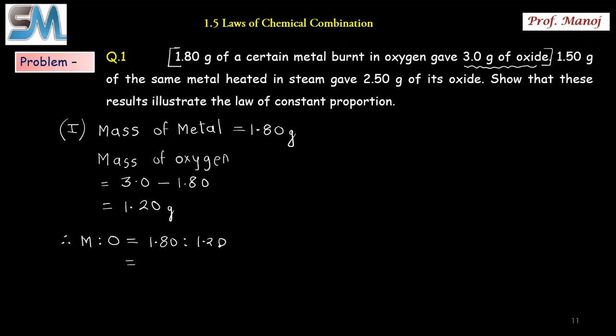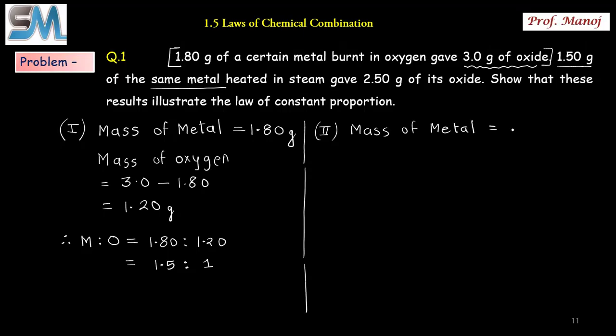Divide it throughout by the smallest number 1.20. You will get an answer 1.5 is to 1. We have done a calculation for the first case. Let us analyze the second case now. 1.50 gram of the same metal. So once again, the mass of metal will be equal to 1.50. In some other manner, how that is done, we are not interested. 2.50 gram of oxide.